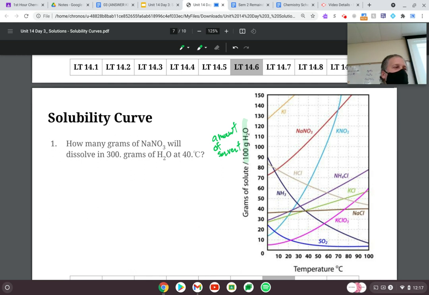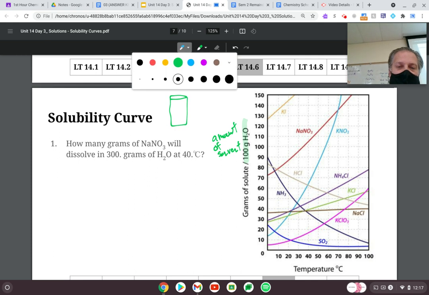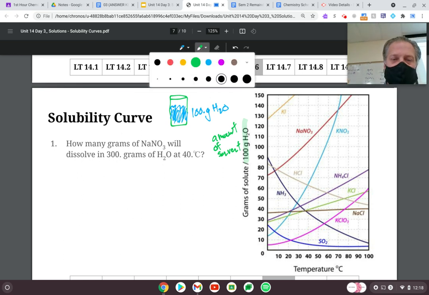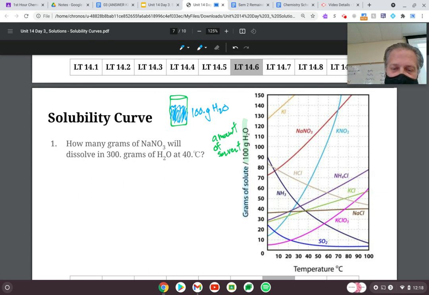Imagine that we have a bucket of water that has a mass of 100 grams. All of the data on this graph is in a bucket of water of the same volume or the same size. Does that make sense? And then we can determine how much can be dissolved in that scenario at those temperatures.